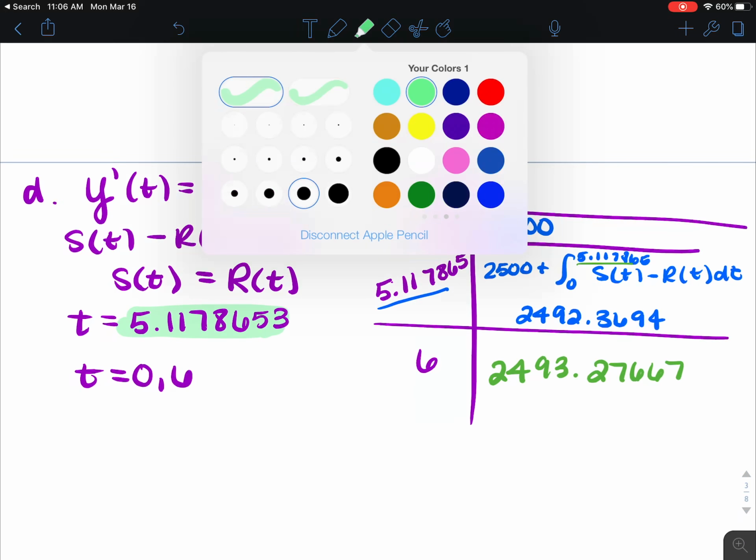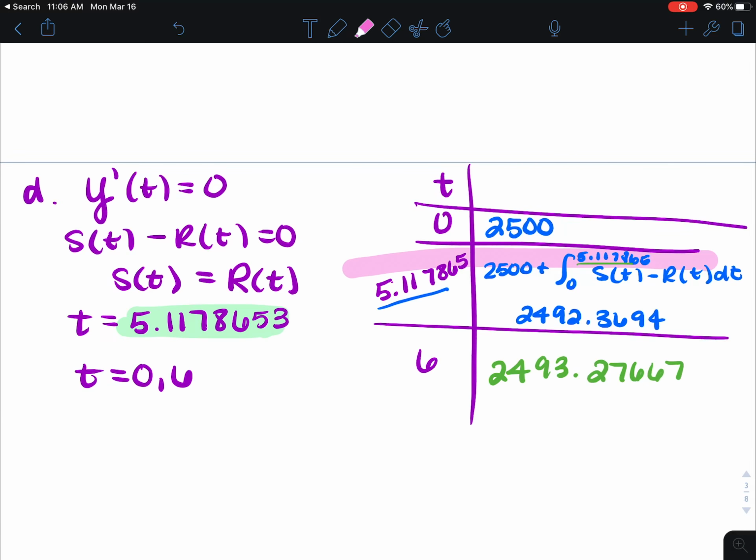All right, so now we have our answer. Clearly, the minimum is happening on this interval at our 5.1176. You have to show consideration though, and that's one of the points in this function. You have to show this consideration, and then your answer.